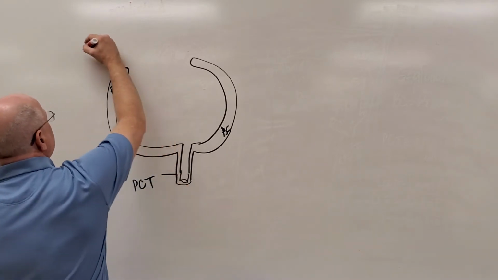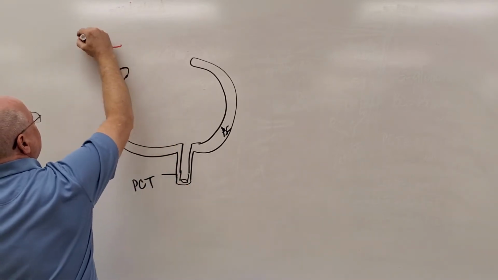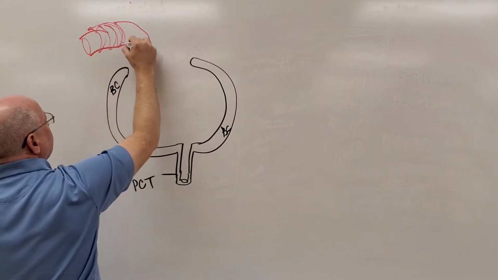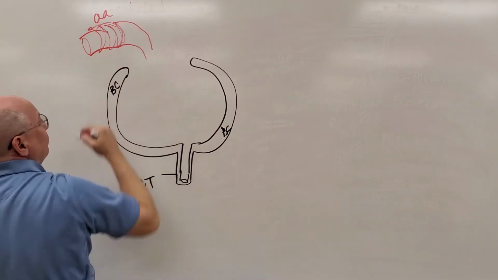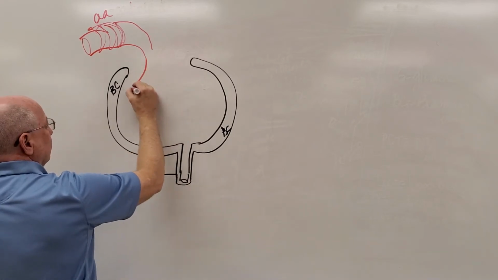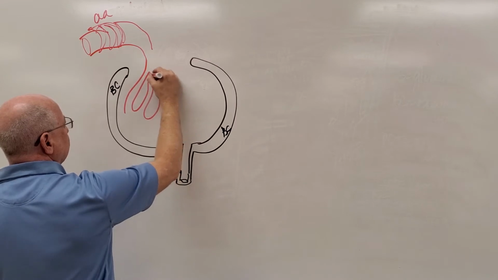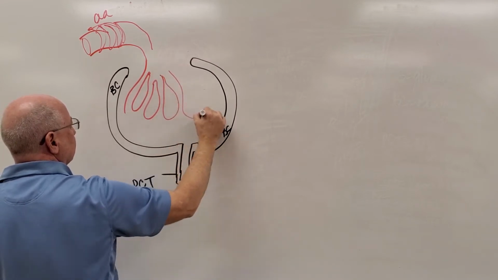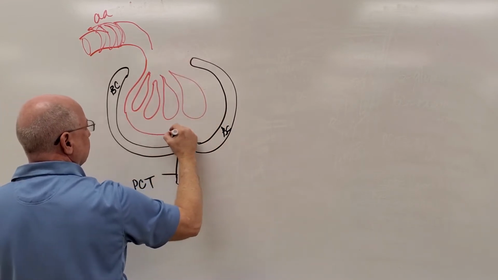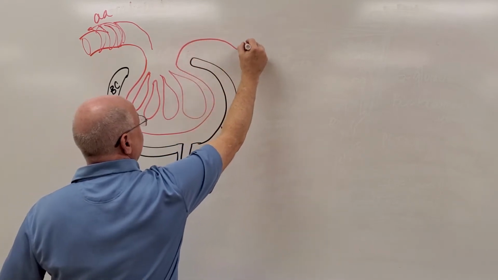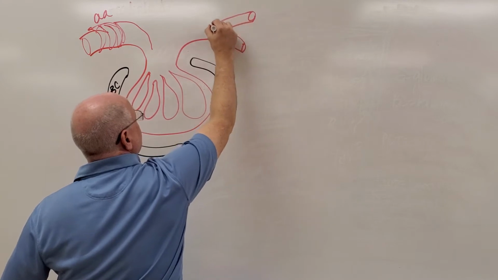I'm going to have a blood vessel here, and when you look at the model, this blood vessel has a lot of thickness to the wall. It's going to come in. This is our afferent arteriole. It's going to form a big knot of capillaries that are all interconnected. And then it's going to come back out and it's going to branch pretty quickly.